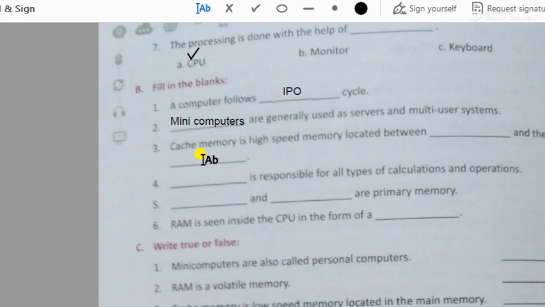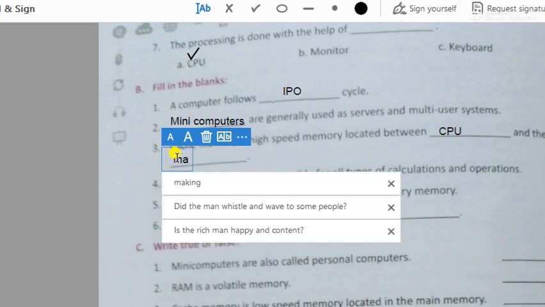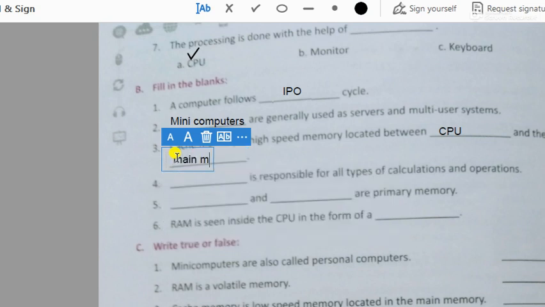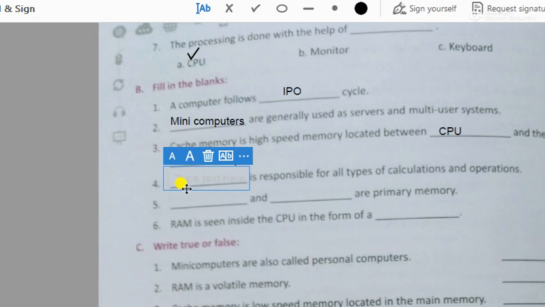Third, cache memory is a high-speed memory located between the CPU and the main memory. Dash is responsible for all types of calculations and operations. That is already seen, ALU, or arithmetic logic unit.